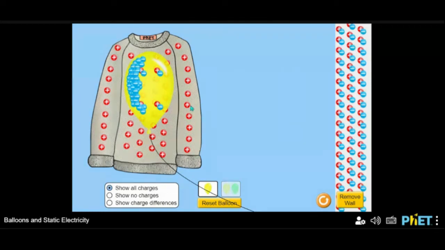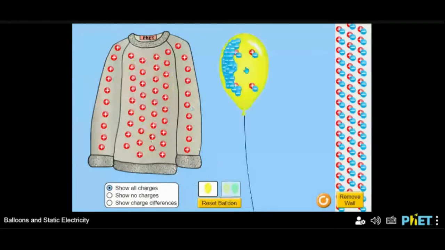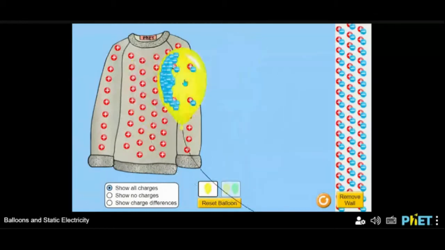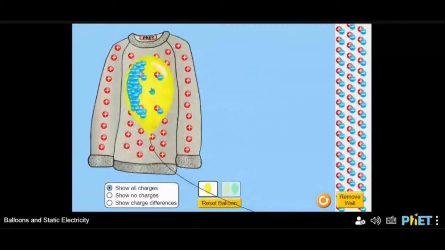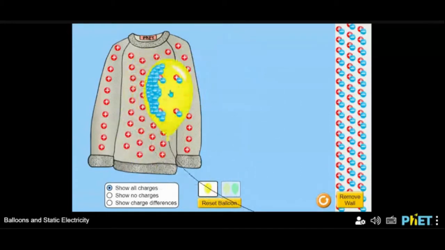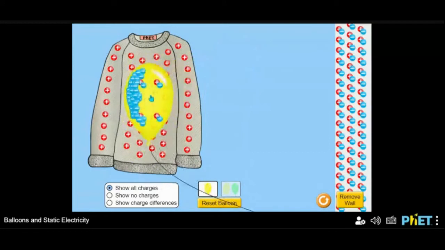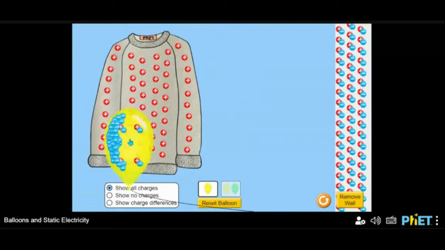Now, what does this imply? It only shows that when two opposite charges are in contact with each other, they are attracted to one another. Now, notice this is how conduction happens.